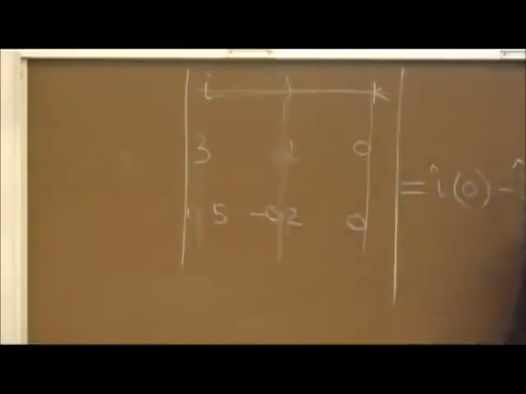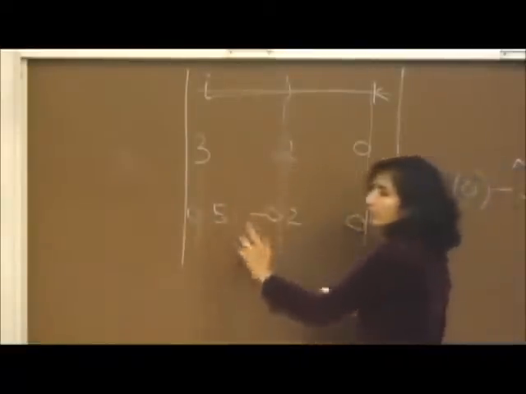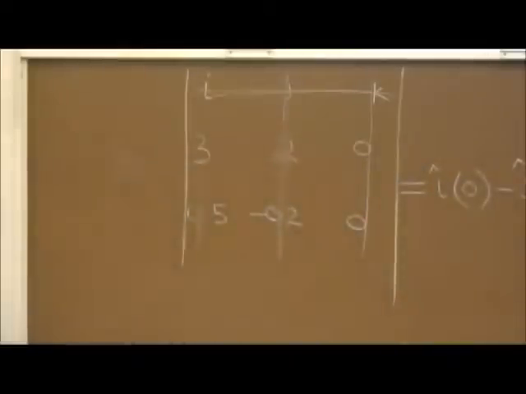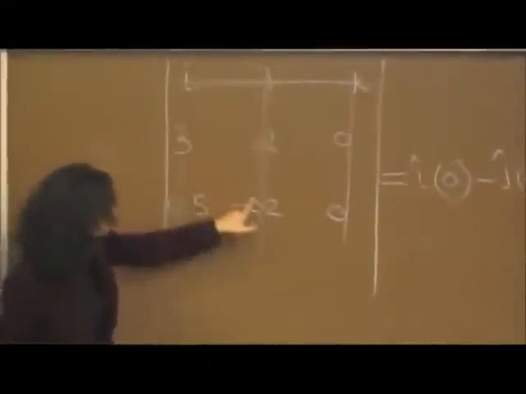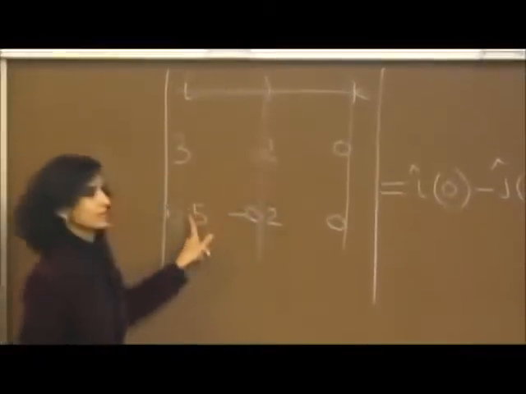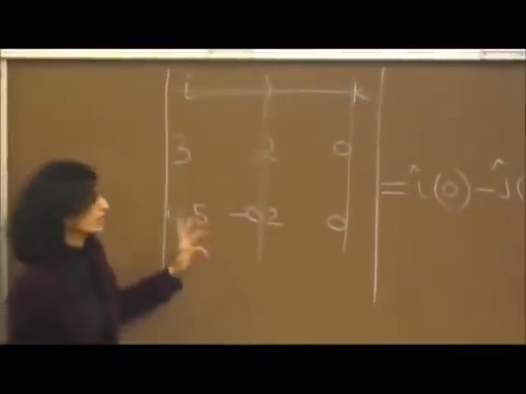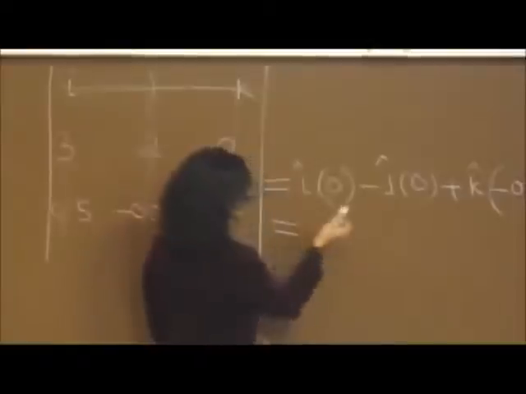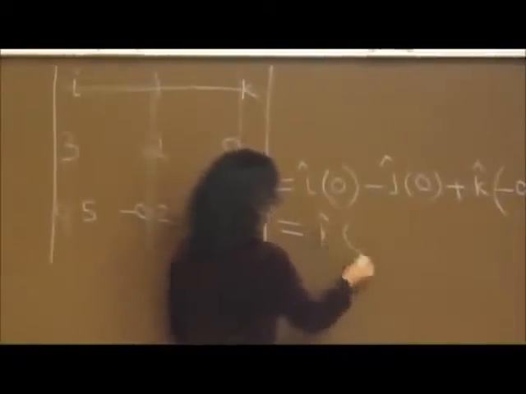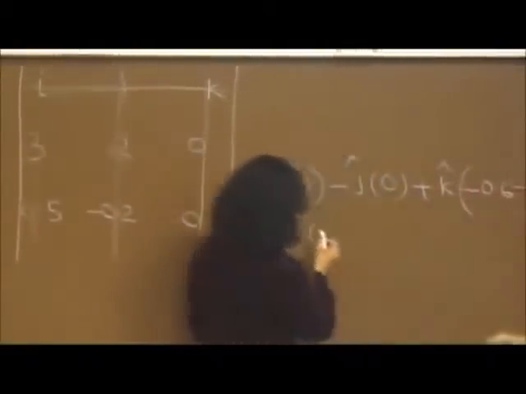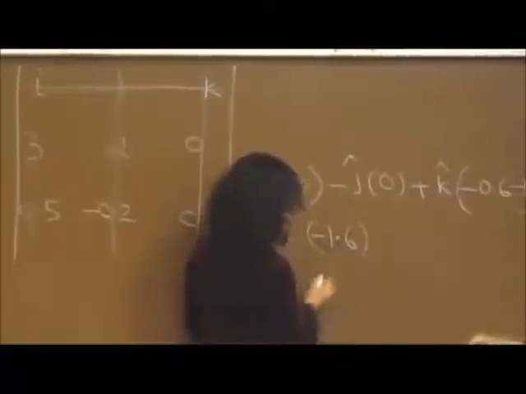So that is minus 1, because 2 times 0.5 is 1. Is everybody with me? Why is it minus 1? Because it's always minus for the second thing. So it's this times this minus this times this. That's the rule. So what does it turn out to be? It's k hat, minus 1 minus 0.6, which is minus 1.6.